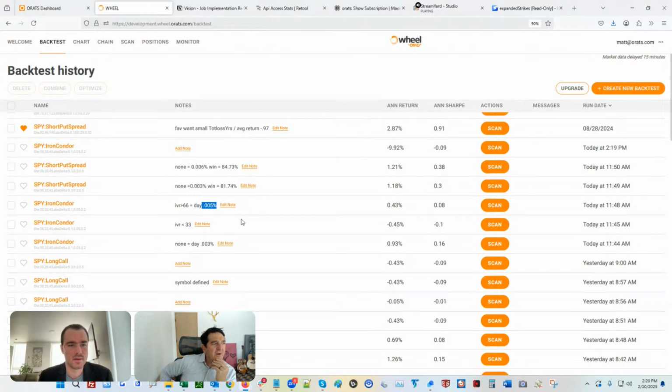And what hopefully it will teach you to do, because you do want to be in the market as much as you possibly can, meaning you want to be deploying capital. And in this iron condor, you're only in the market 23% of the time, so you're only using capital 23% of the time.